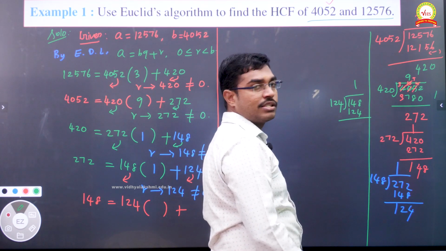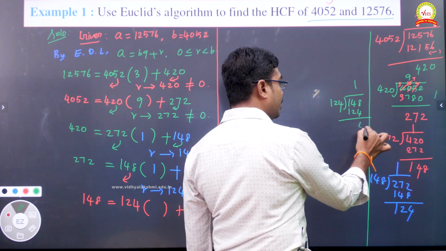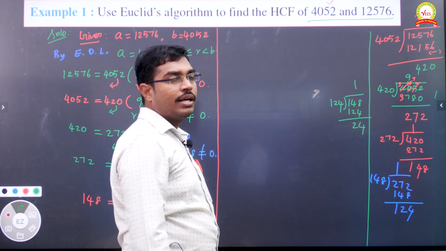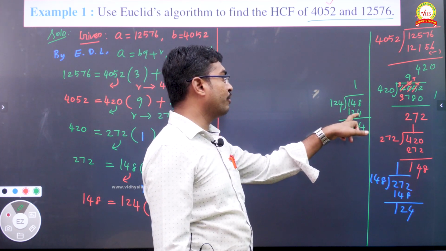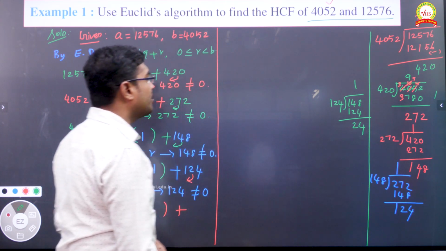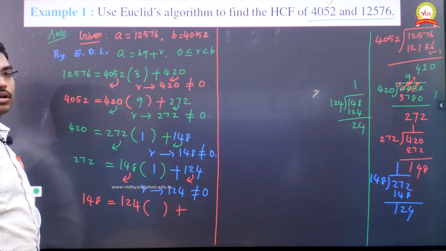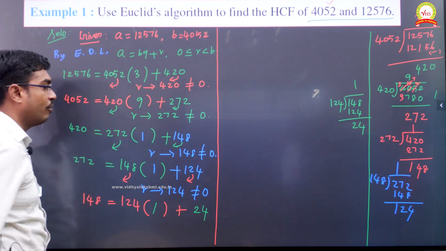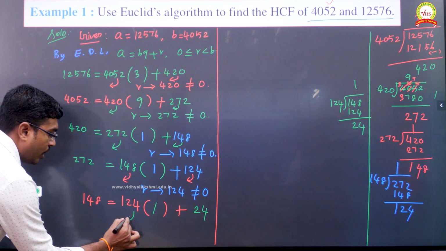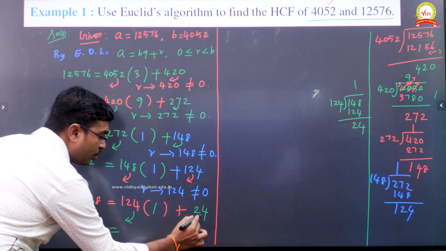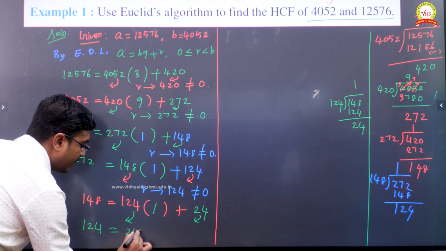So what is the subtraction value? 8 minus 4 is 4, 4 minus 2 is 2. Yes, it is correct. So subtracting the value, we got 24. So substitute the value. The quotient is 1. The remainder is 24.